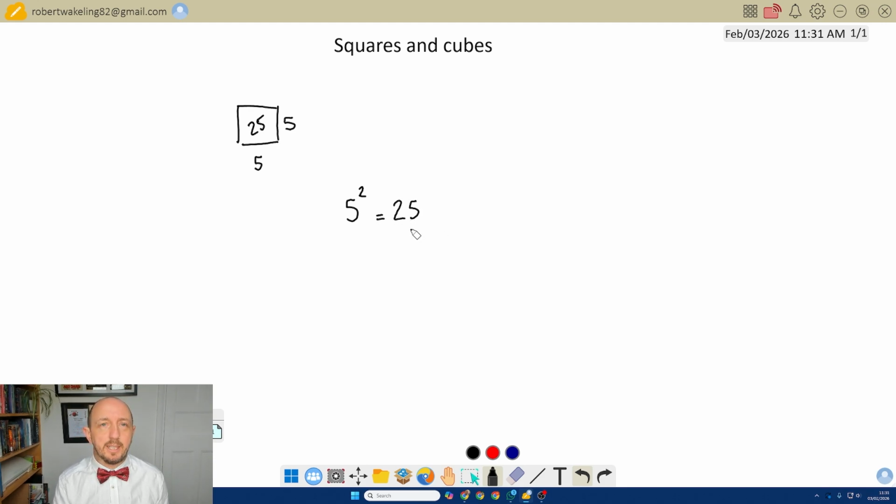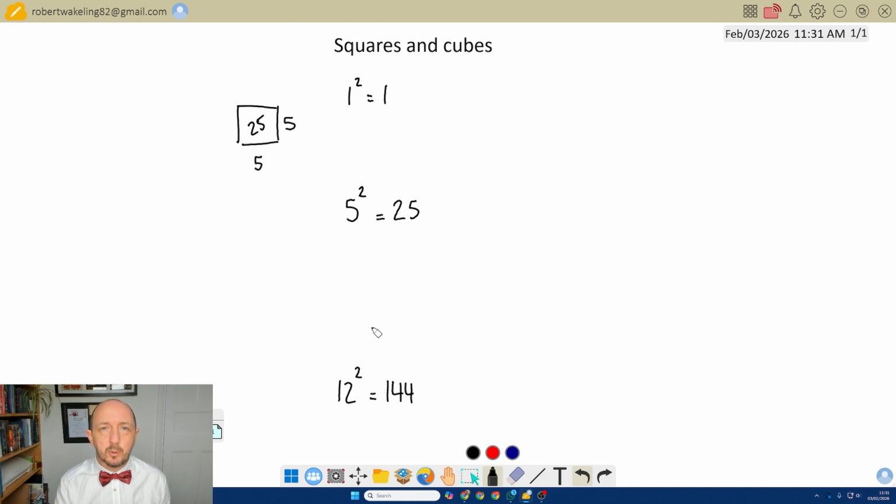Okay, we can do this for all of the numbers, but we have to know every single number up till 12 squared. 12 times 12, like this. So in the app, it will test to see if you know all of your square numbers.